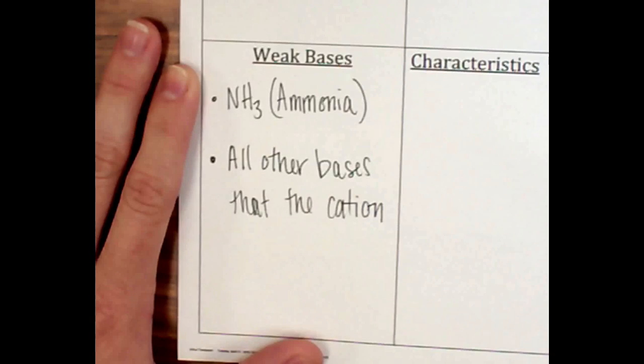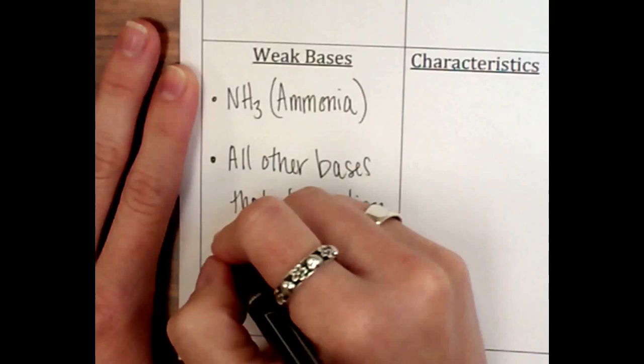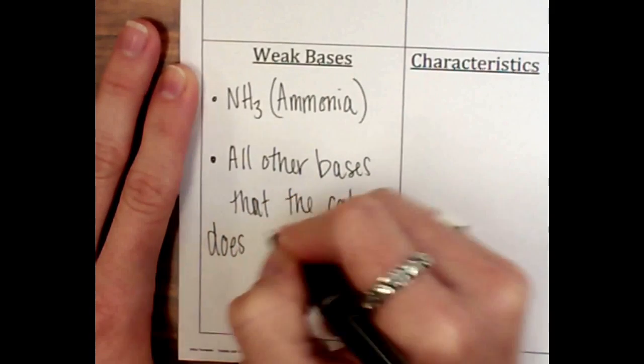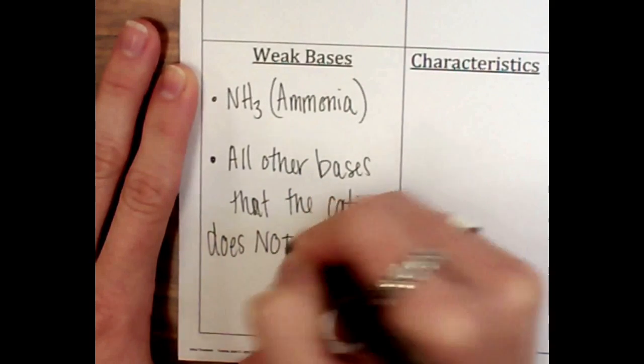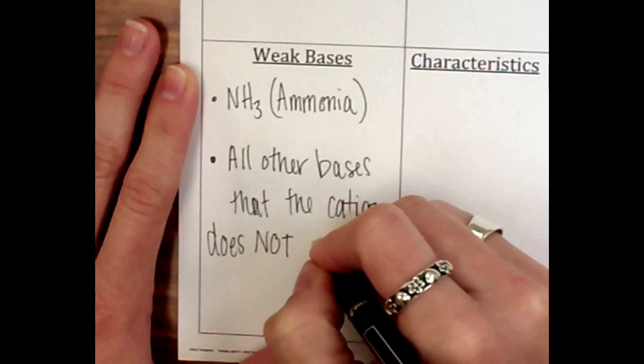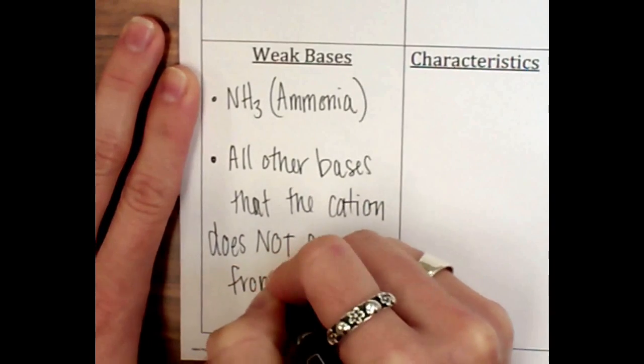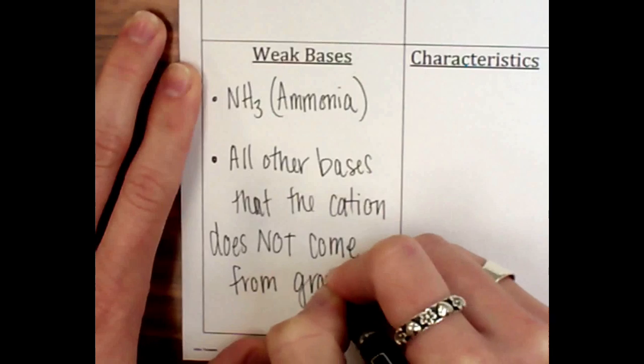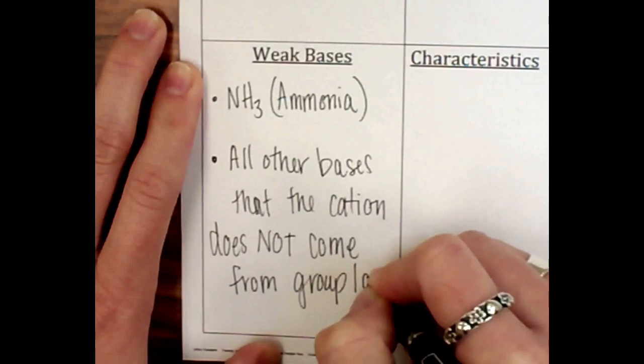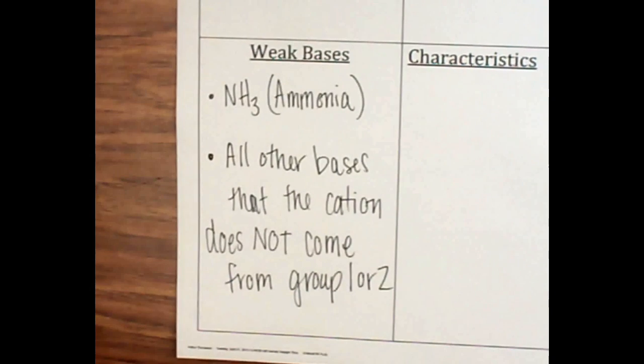It's the first part, the plus. If the first part of your base, blah blah blah OH, does not come from groups 1 or 2, then it's weak.